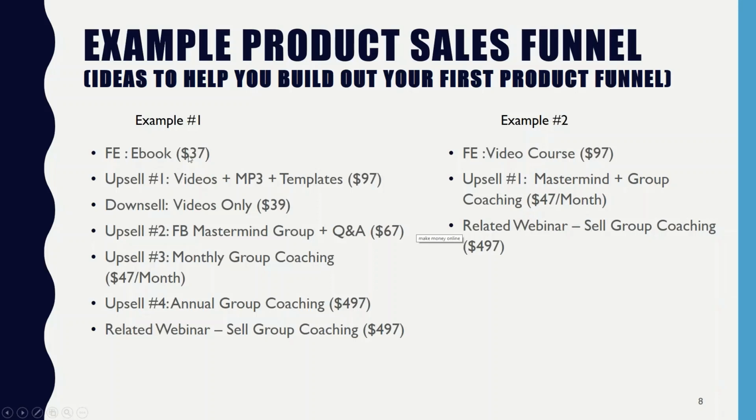So again, you could offer an ebook, and then the video version of that ebook with the MP3 and the templates could also be included. Then you offer some videos. Then you could upsell to a mastermind group and Q&A, a monthly group coaching, and just really keep adding value to people. Example number 2, could do a video group, mastermind plus group coaching, and then you could offer group coaching on an annual basis as well. So these are just some ideas of things you can add to a perfect sales funnel.